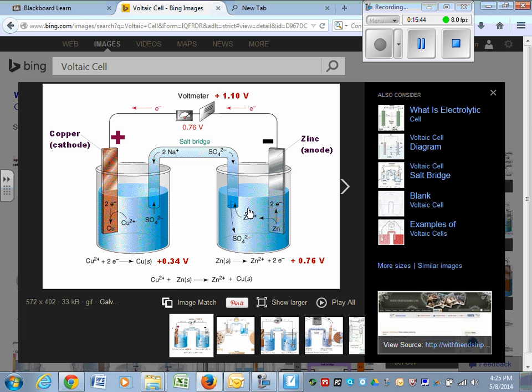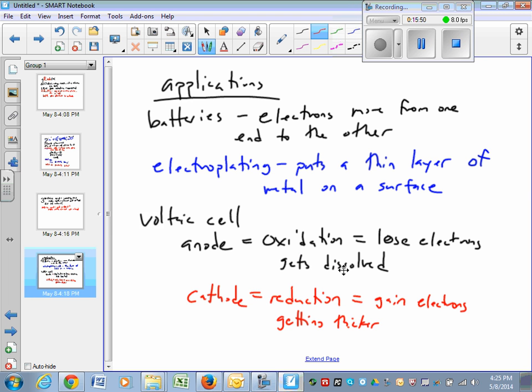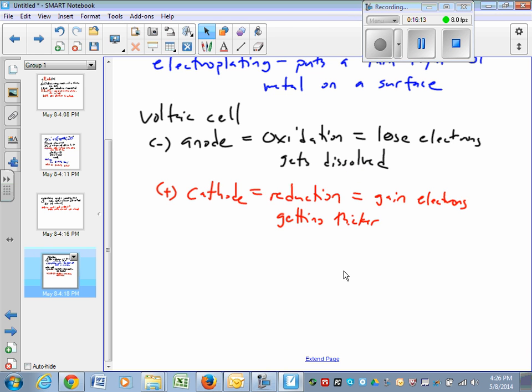So how is it that we remember that oxidation is always occurring at the anode, which is the negative side of the battery, or the voltaic cell, or even an electrolytic cell? Cathode is positive side. So how do we remember that reduction is going to occur at the cathode and oxidation is going to occur at the anode? The phrase is An Ox, Red Cat.